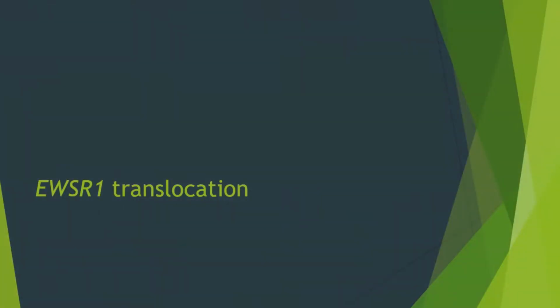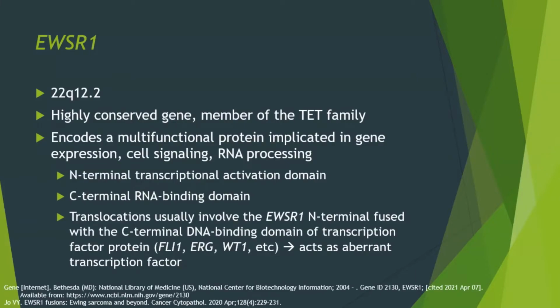From MDM2, let's now go to EWSR1 translocations. EWSR1 is a gene located at the long arm of chromosome 22, which encodes a multifunctional protein involved in gene expression, cell signaling, and RNA processing. The N-terminal of the protein is a transcriptional activation domain, and the C-terminal is the RNA binding domain.